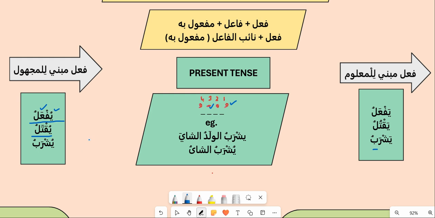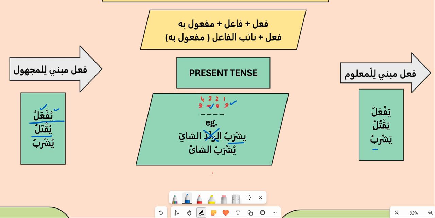You can see the example here actually. Yashrabu al-waladu ash-shay'a. Now you're going to change a simple jumla fi'liyya into a majhul jumla. Yashrabu al-waladu, remove the doer. Change the fi'l from yashrabu to yushrabu.